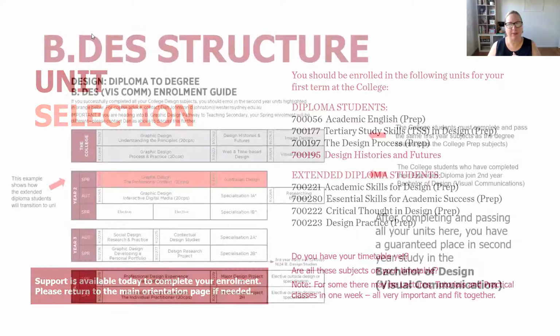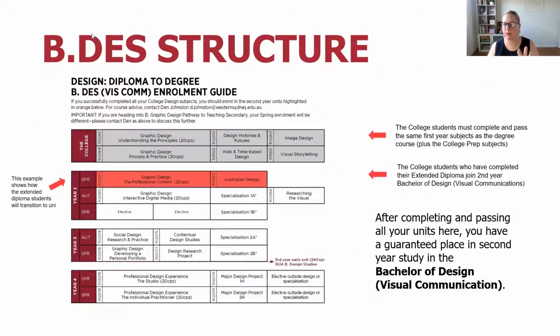Now, I'm going to show you this one, but don't dwell on it too much because this is further down the line. This is when you're going over to the university, the next lot of subjects and your second, third and fourth year over at uni. You can see in this case, these are the same subjects that you do at the college, which is the same as first year, the ones in grey.